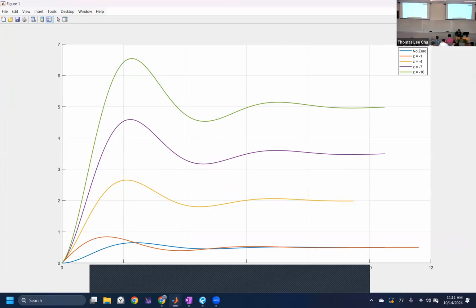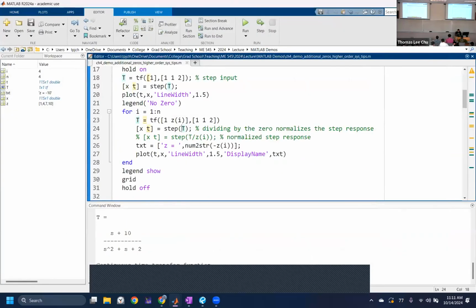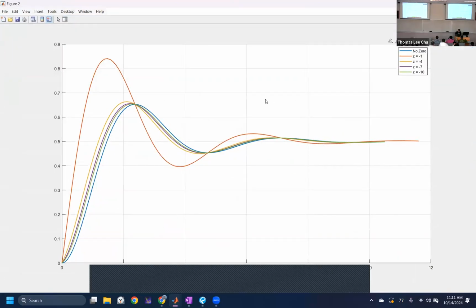It's kind of hard to compare because, like I said, zeros also scale the size of your output. So if I normalize the step response, dividing by the value of the zero, then you can see a better comparison of how zeros affect your system response. You can see that the peaks all occurred earlier than the system with no zero. So in a way, it does increase the speed of the transient response.